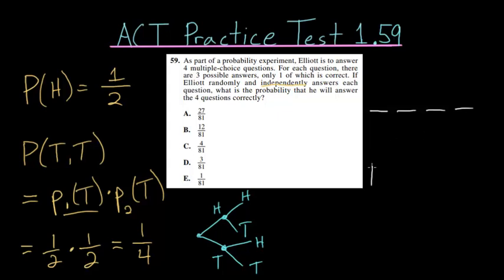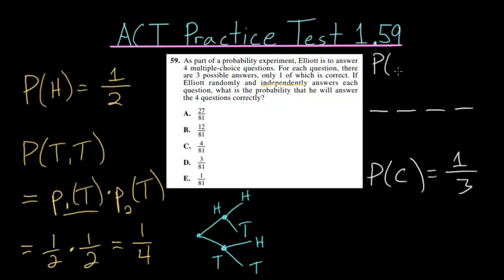Let's say the probability of getting a correct answer, I'll mark as C, is 1 possible way in the numerator, and the denominator, the total number of possibilities, is 3. So the probability on one question of getting the correct answer is 1/3.